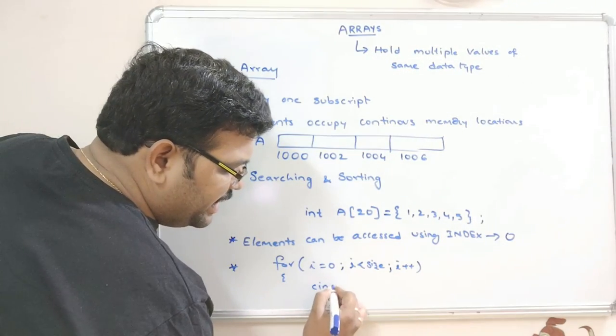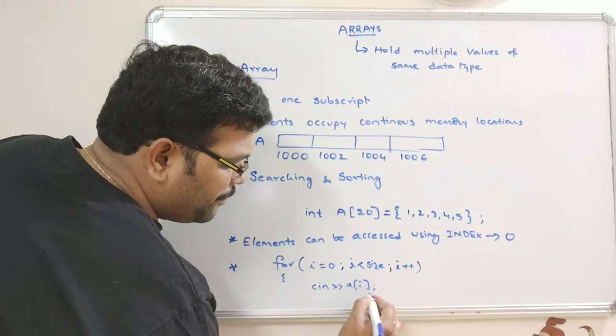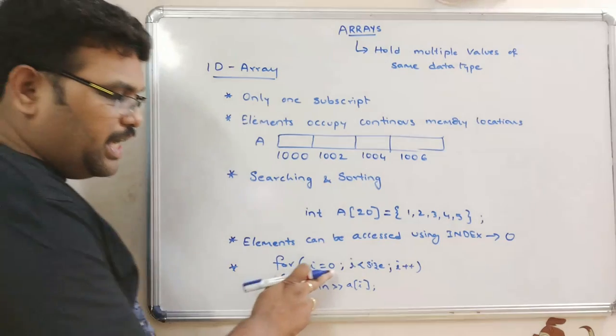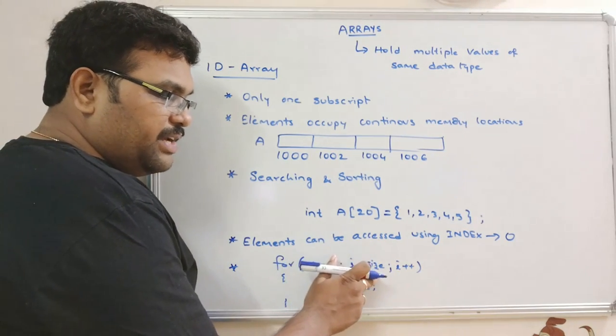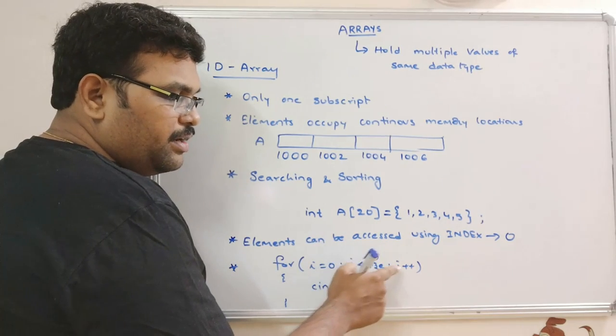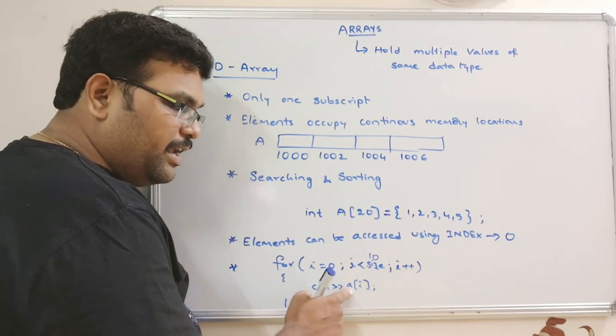Here you can write cin a of I. If you write this, first I is equal to 0, 0 less than size, so let it be some 10. So 0 less than 10, true, the control will enter into the loop, cin a of 0.